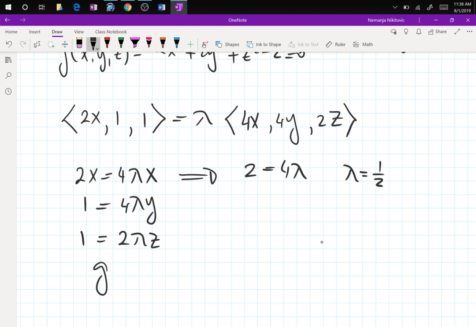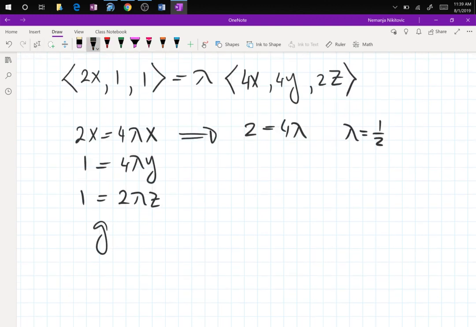Thank you for asking this problem. This is not easy to find, which problem is going to be the one that just hands you lambda on a plate, even though you don't care about lambda. It hands you lambda, and with lambda you quickly solve all others. Because now you know lambda is a half, you can calculate y and z as a joke.